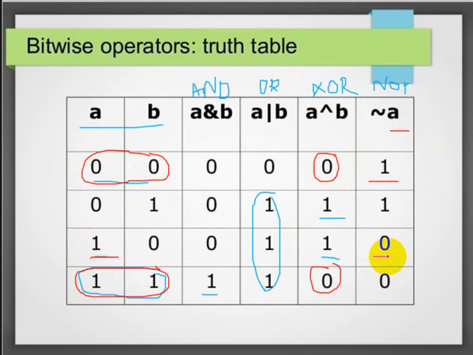But the difference between logical and bitwise is that the logical operator works on expressions and, based on relational operators, gives either true or false. Here we are working on binaries. You can correlate true as 1, false as 0. That's it.